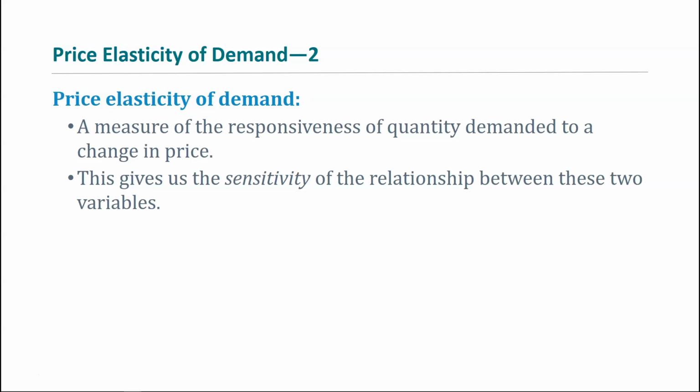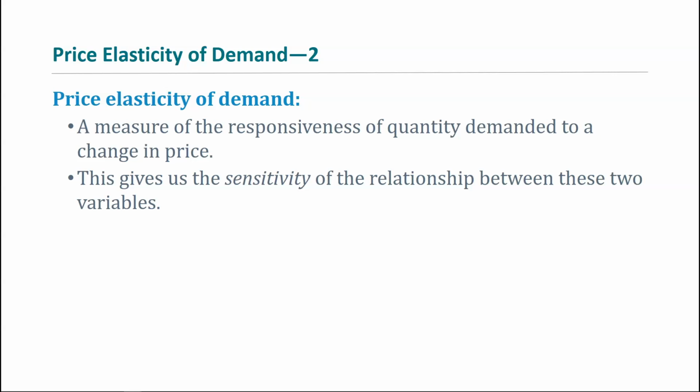And remember from that example that we talked about a 10% change in price, right? With elasticity, we're going to stick to thinking about percent changes and not dollar and cents changes, because with percent changes we can better compare apples to apples.